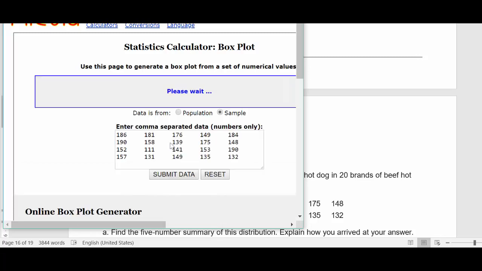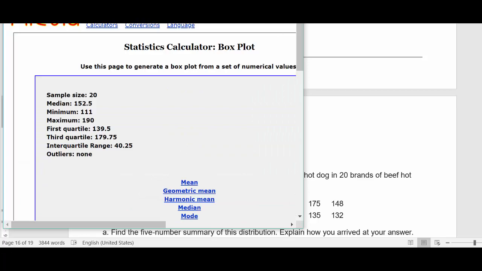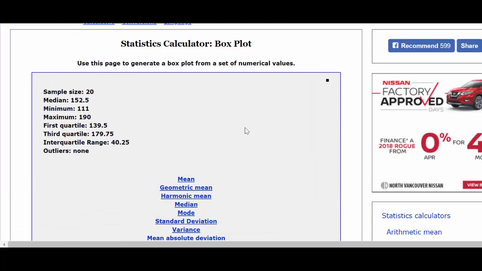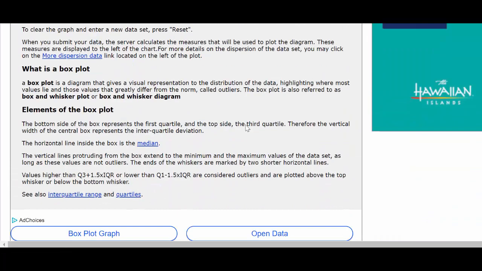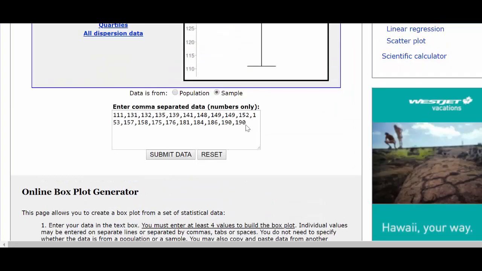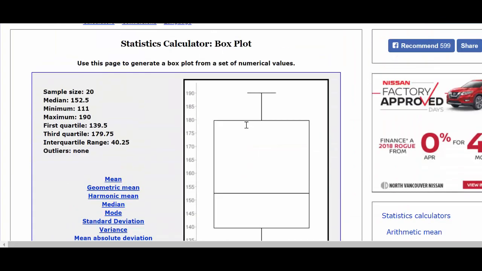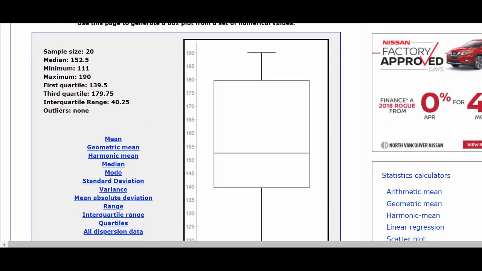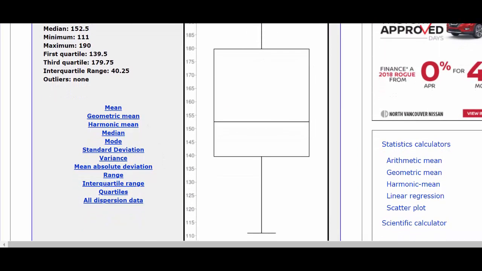There it is. And now I'm going to submit data. And where's the box plot? There it is. There's my box plot. Okay.